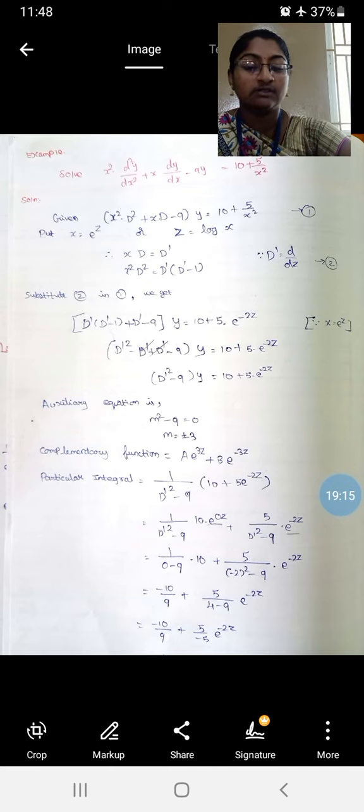So my term will become -10/9 plus 5 divided by -5 into e^(-2z). Here I found the value of the particular integral.